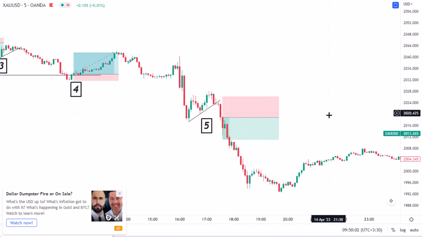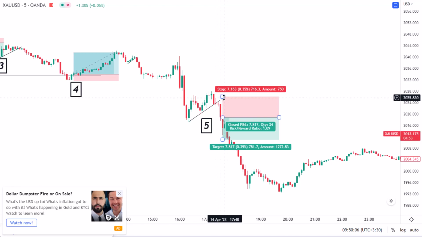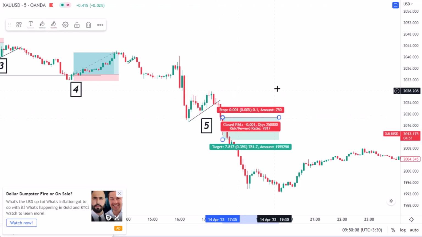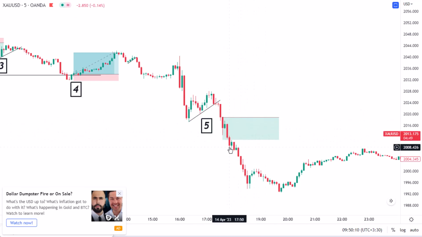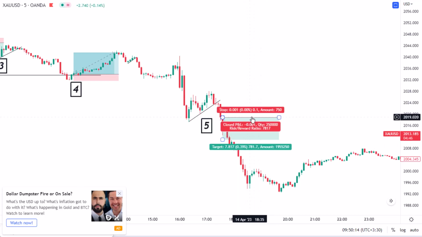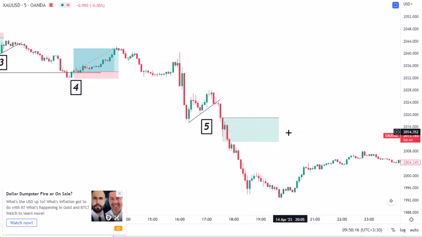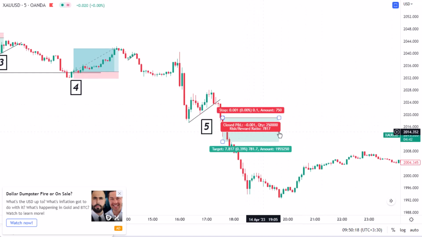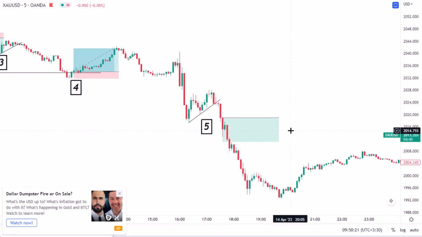What is risk free? Putting our stop loss where our entry point was, like this one. In that case, if the market returns, we are not going to lose any money if it touches our stop loss at our entry point, okay? So we will actually lose a bit of money because of commissions and those kinds of things.